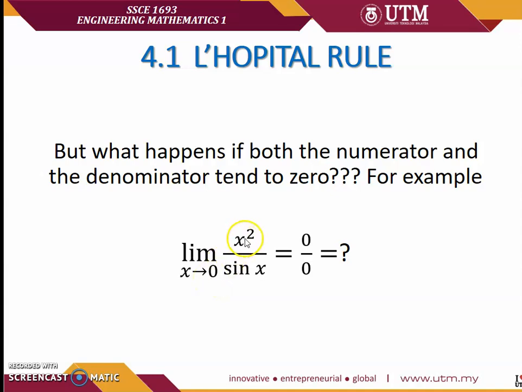So 0 squared will be 0, and sine 0 also will be 0. So this is our answer, 0 over 0. But in mathematics, we cannot define any value for 0 over 0. So here we need to implement L'Hopital rule.